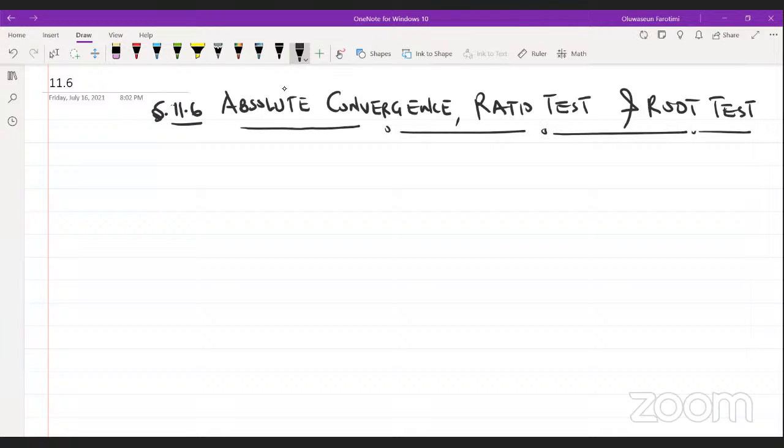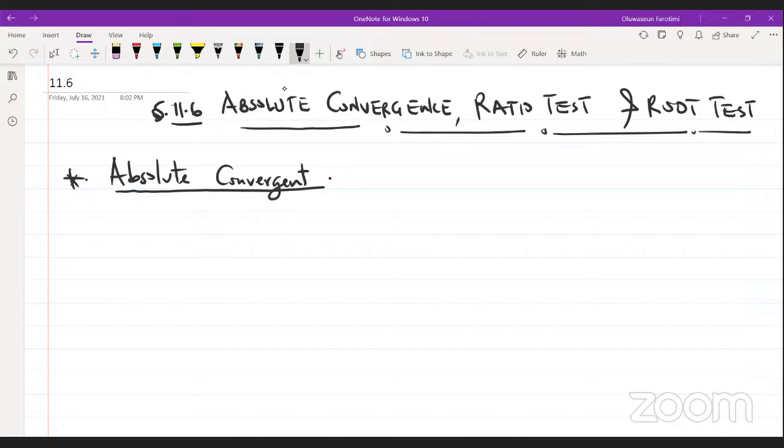All right. So let's start with definition. Let's start with absolute convergence. Okay, so we are actually getting a lot of tools in our toolbox. We already have the test for divergence. We already have integral tests. We have the comparison tests, as well as the limit comparison test.